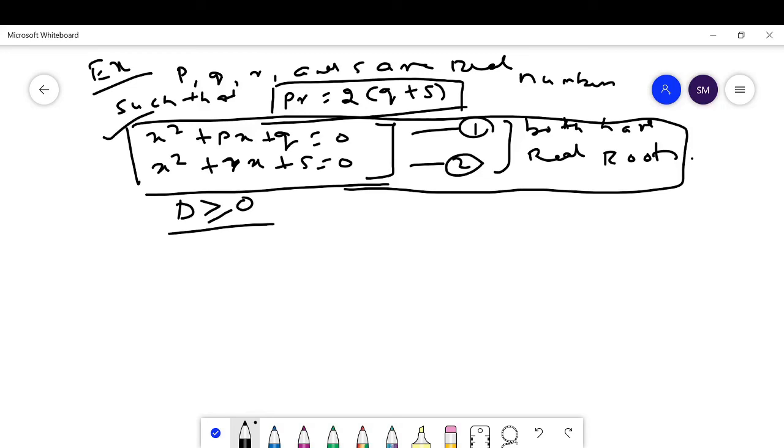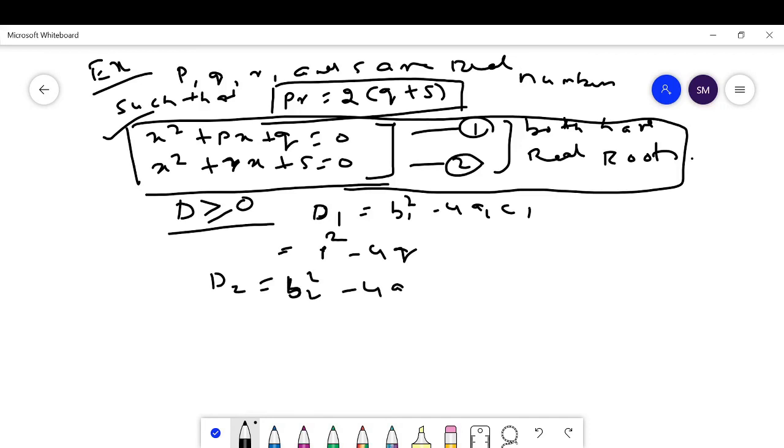For equation 1, find D1. D1 is equal to b1² minus 4a1c1, which is p² minus 4q. Then D2 is equal to b2² minus 4a2c2, which is r² minus 4s.